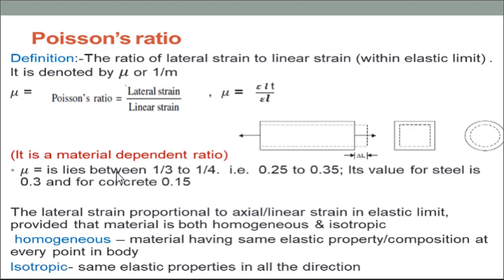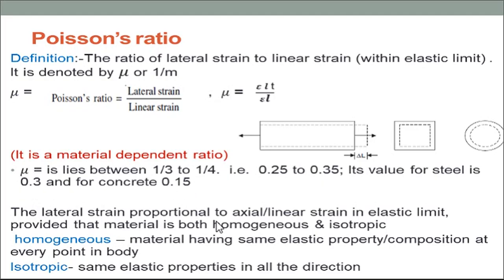It is a material dependent ratio. Poisson's ratio is also called the material dependent ratio, and normally its value is between 1 by 3 and 1 by 4, that is 0.25 to 0.35. For steel the value is 0.3, and for concrete it is 0.15.